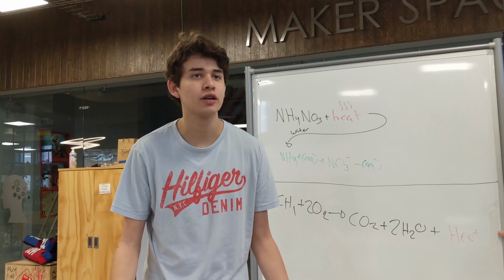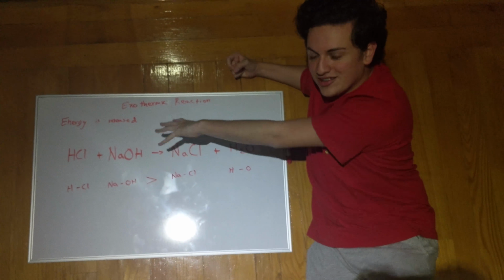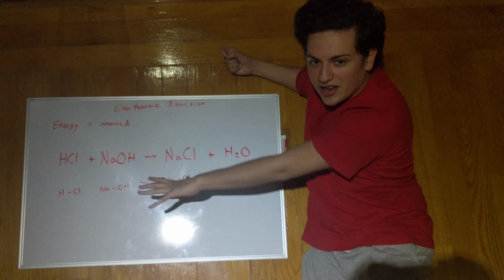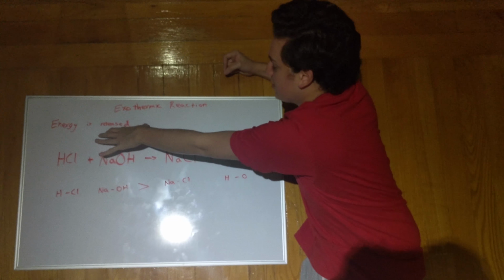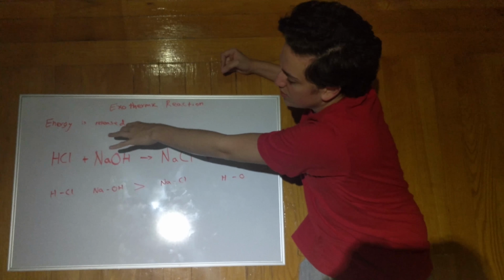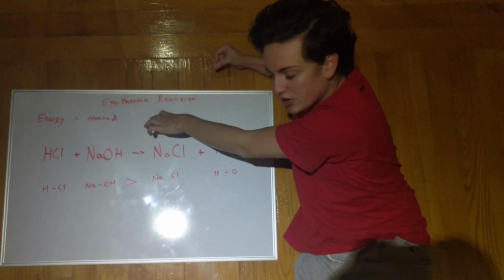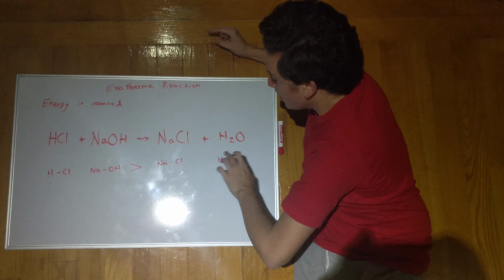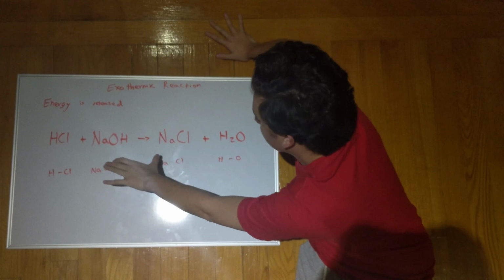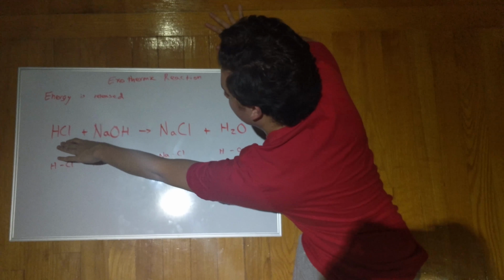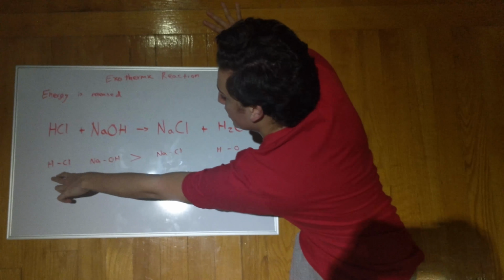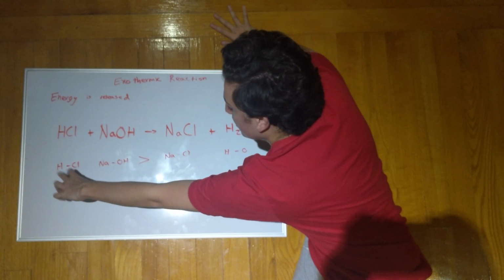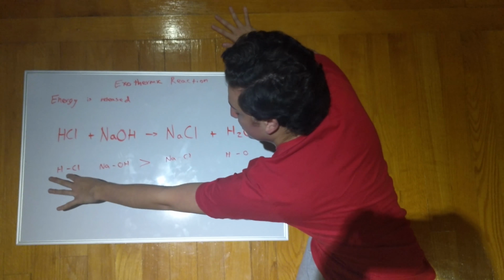So now I'm going to try to explain the exothermic reaction and how it works. So first, it's basically a chemical reaction in which energy is released. Here we have an example, and basically how it works is that, for the hydrogen and the chlorine, it shows the energy needed to release them.